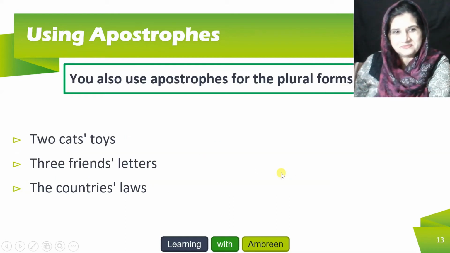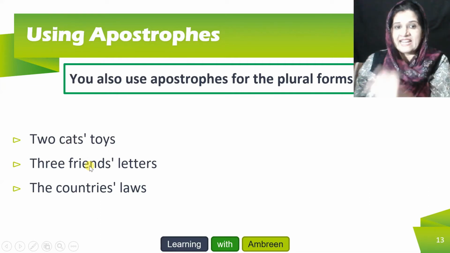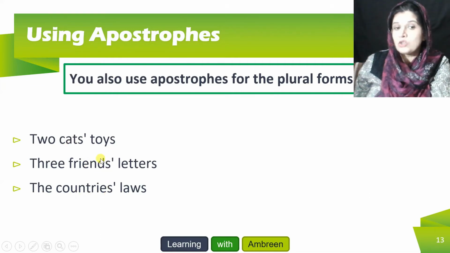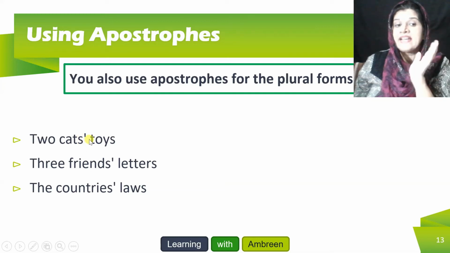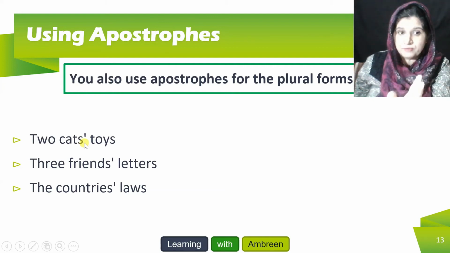Let's move. You also use apostrophes for the plural forms. Here you can see cats, friends, countries, all these are plural, right? And we only added apostrophe here. So whenever there is any plural which is ending with s, you will not add apostrophe s. Instead, you will add only apostrophe, right?